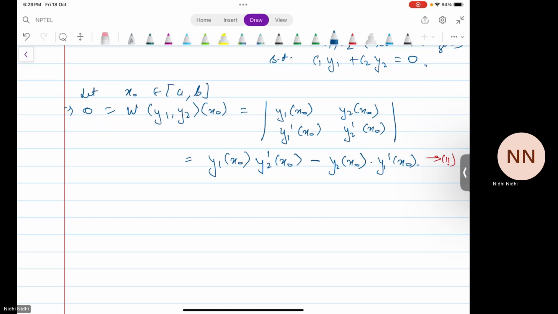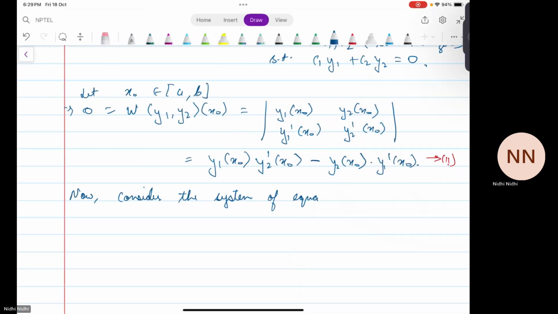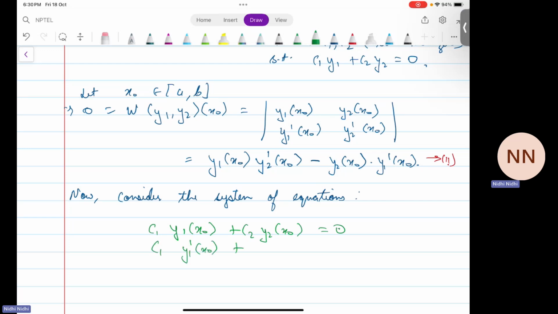Now consider the system of equations: C1 y1 x naught plus C2 y2 x naught equals 0, and C1 y1 dash x naught plus C2 y2 dash x naught equals 0.